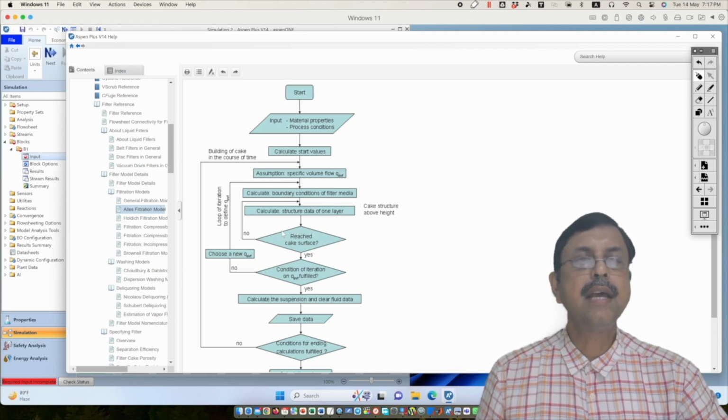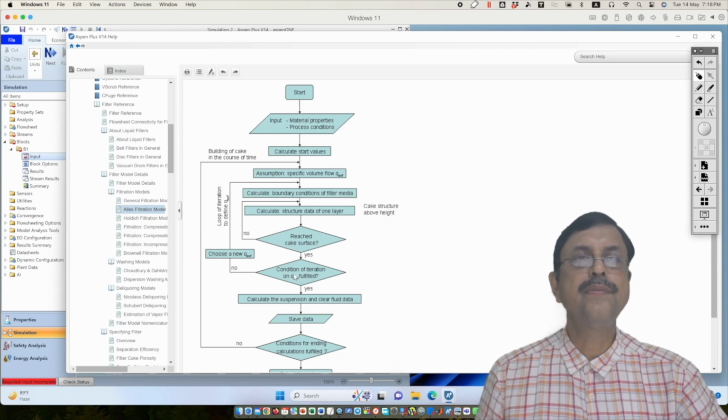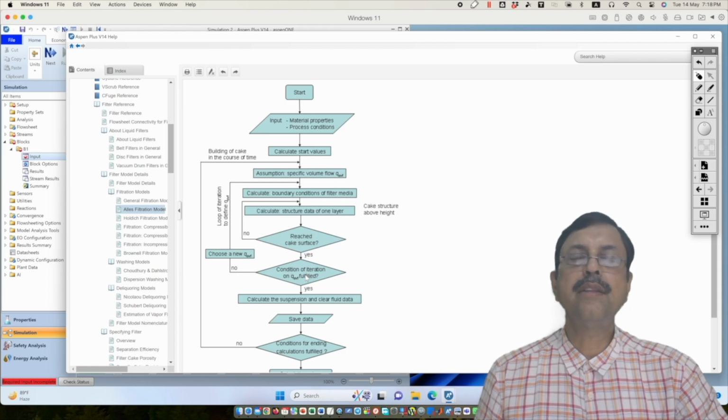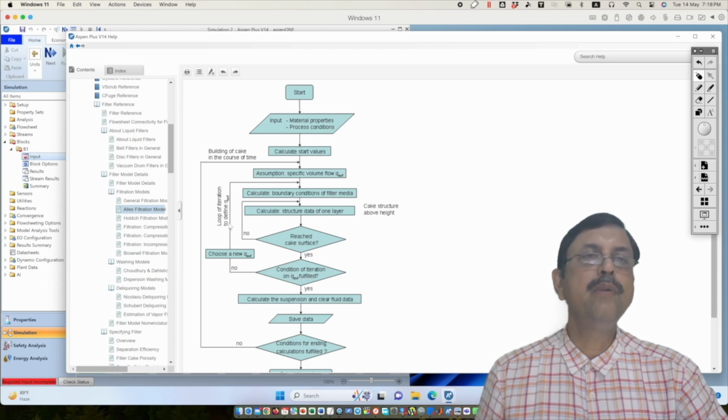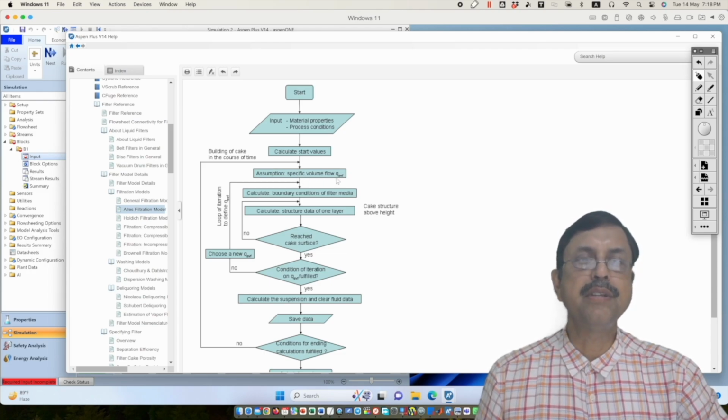And if we reach the cake surface after the calculation, then it is okay. Otherwise, we go back and do the calculation once again. Once we reach the cake surface, then we see whether the condition of specific volumetric flow rate is met or not. If that condition is fulfilled, then it's okay. Otherwise, we'll go back and assume something else as the specific volumetric flow rate.